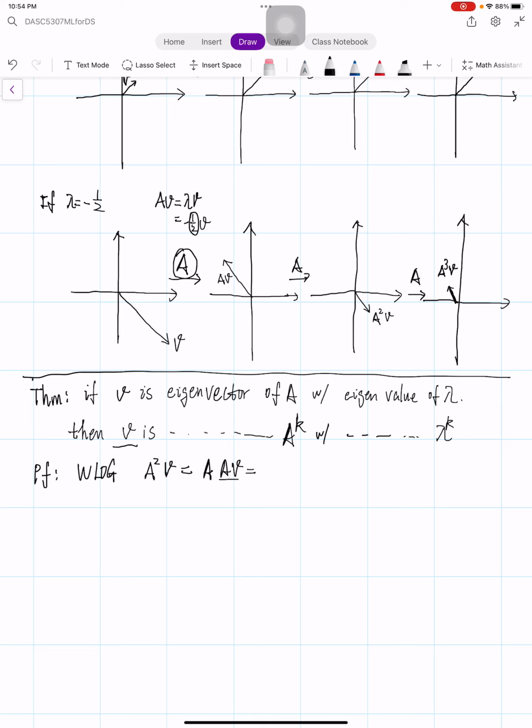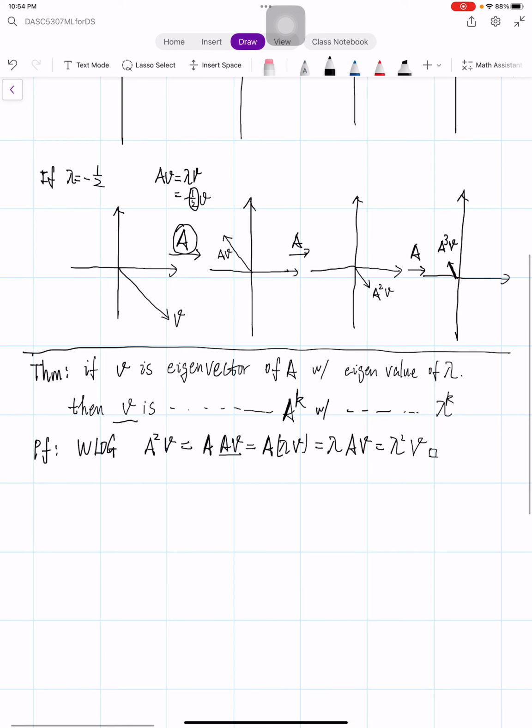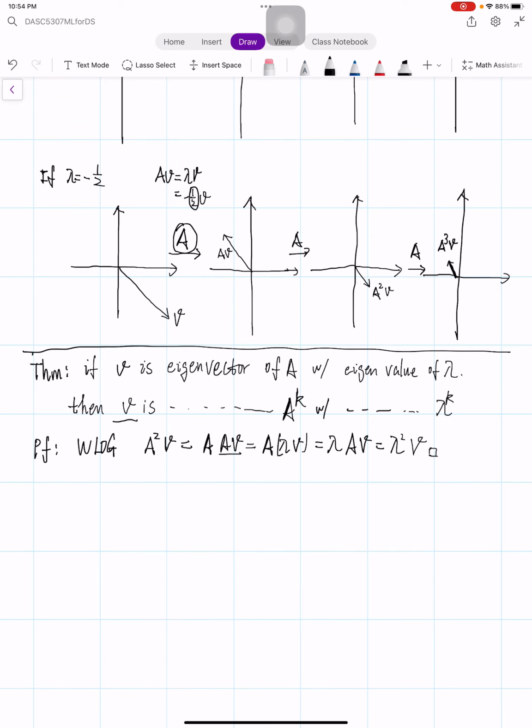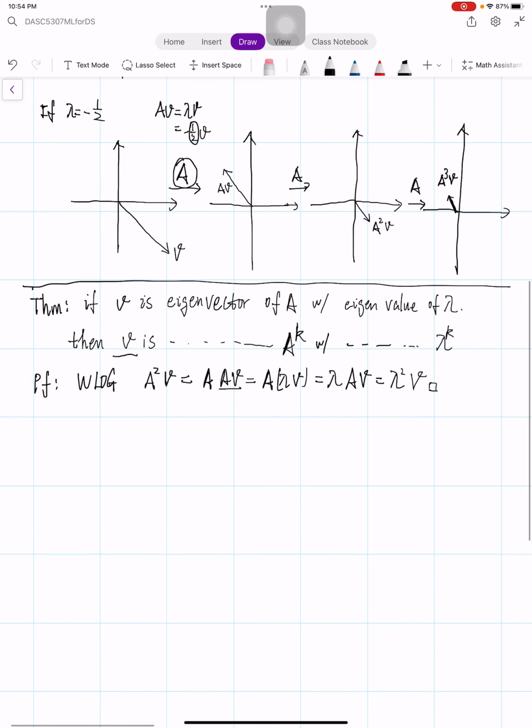And we know nu is an eigenvector of A, so this equals lambda times A nu. Because this is a scalar, you can take it to the front, so this is lambda times A nu, and this is nothing but lambda square times nu. Okay, so we complete the proof. You can follow the same procedure for the cube, fourth power, and so on.